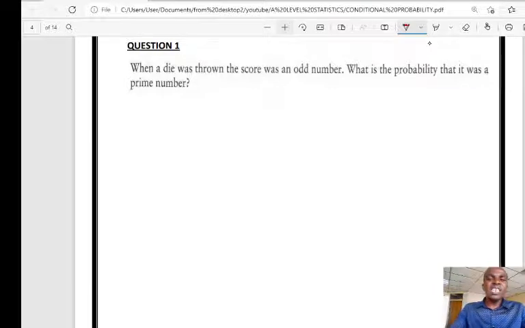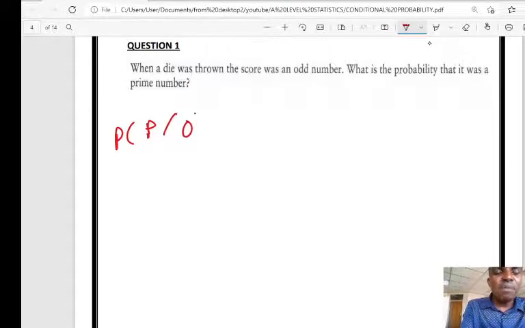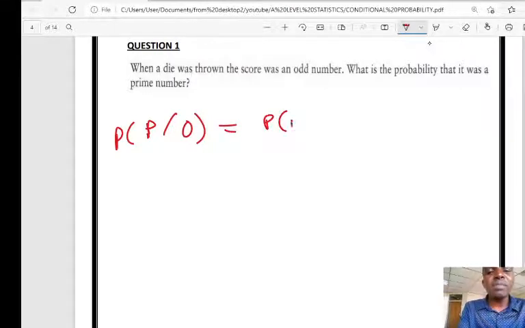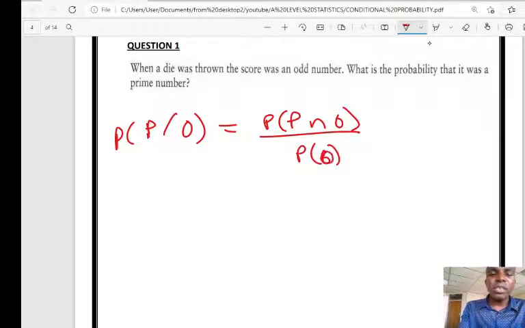So we're being asked to find the probability of a prime number given that an odd number has already occurred. So it will be the probability of a prime number, let me write P, given that an odd number O has already occurred. It will be the probability of prime intersection odd over the probability of odd number.